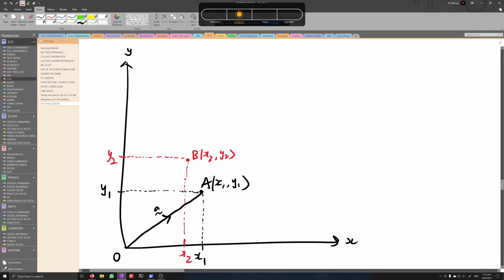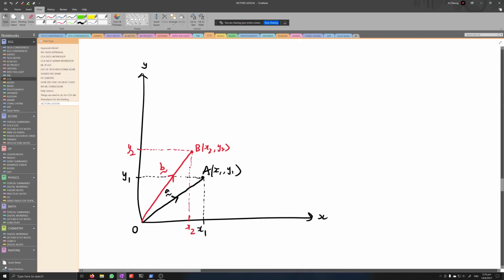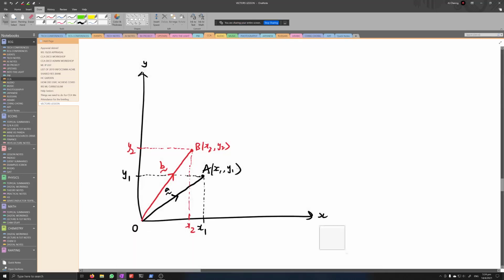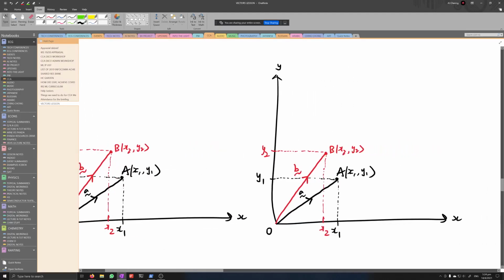Then B is here. Right? Then if you want to add these two vectors together, it is equivalent to summing their two components together.